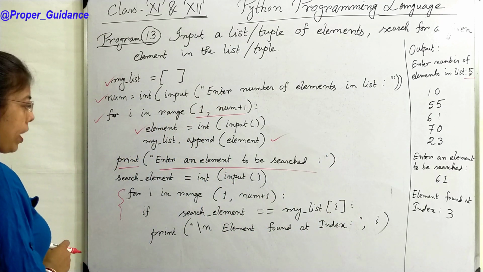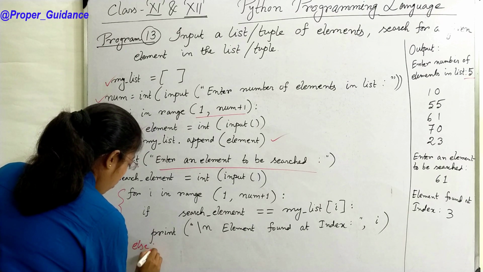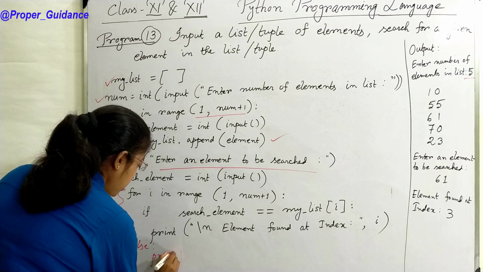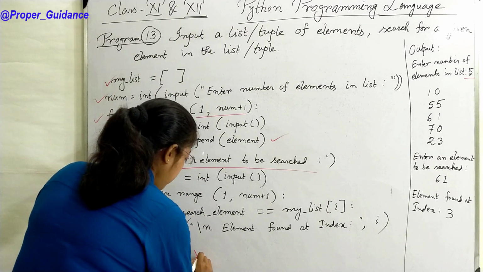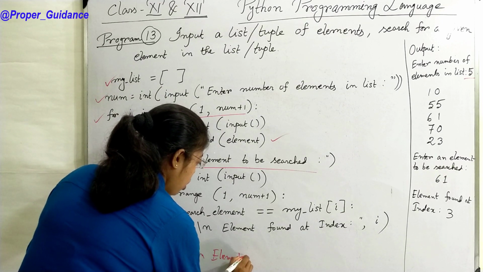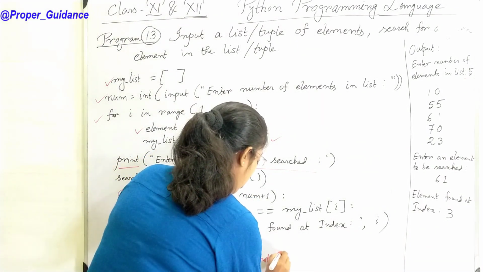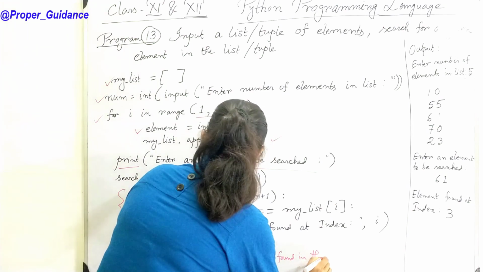And one more thing you can do: else, you may write one else part here. Print, if the element is not found in the list, you may write this line: element is not found in the list.